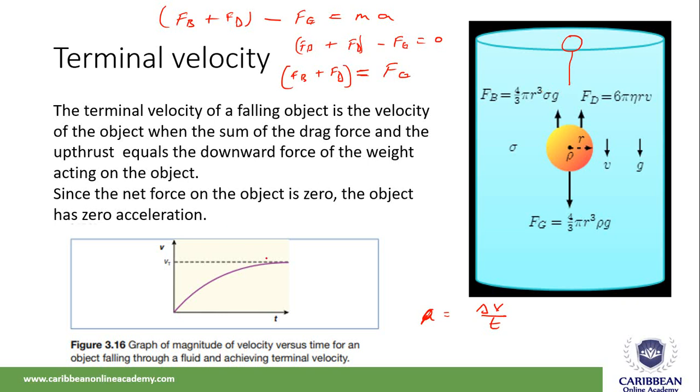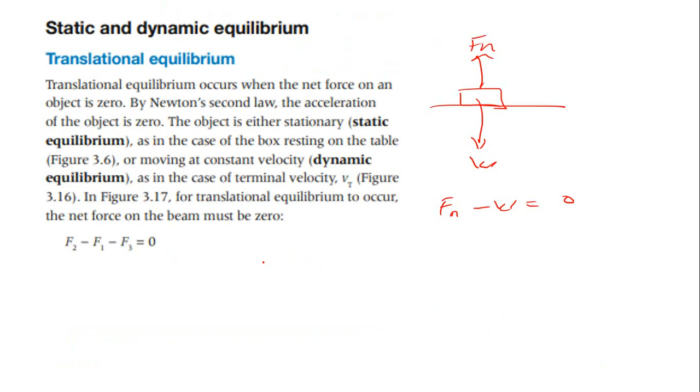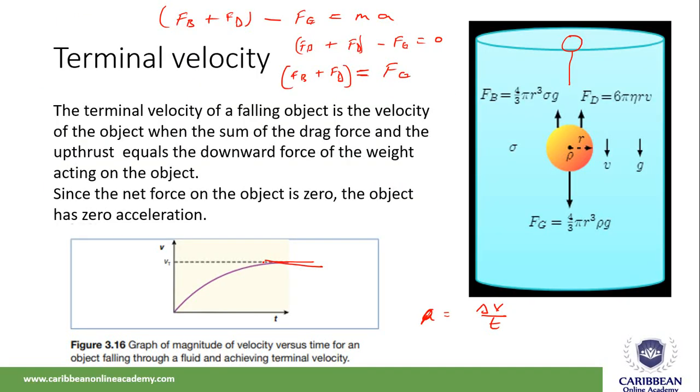And at terminal velocity, the velocity remains constant throughout the entire duration, so to speak. That's it as it relates to terminal velocity. So we have covered terminal velocity and what it really is.